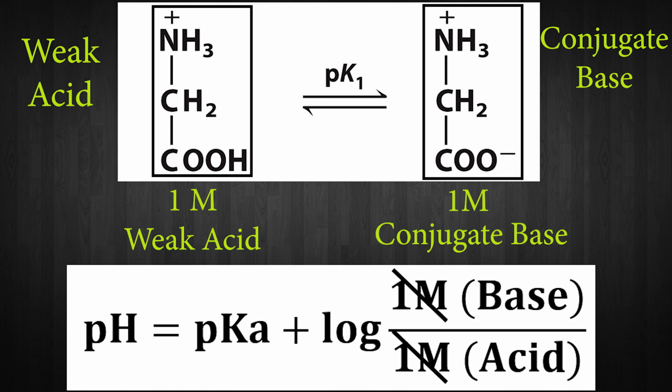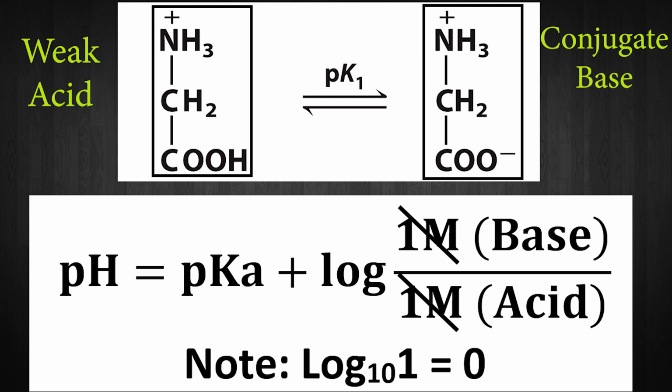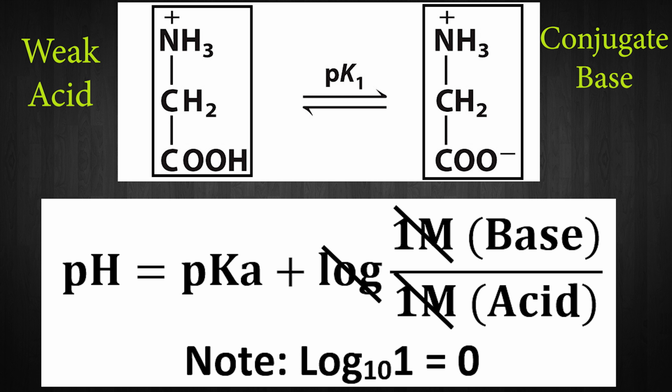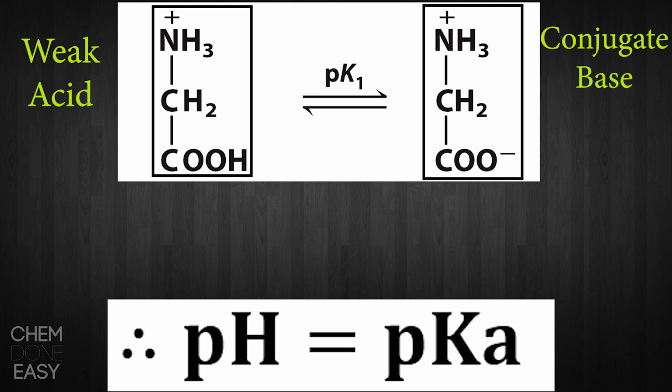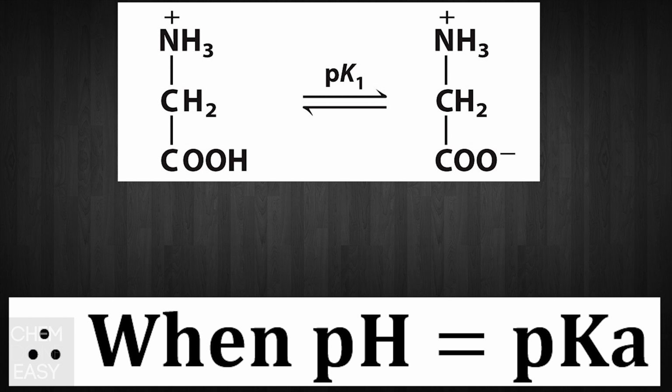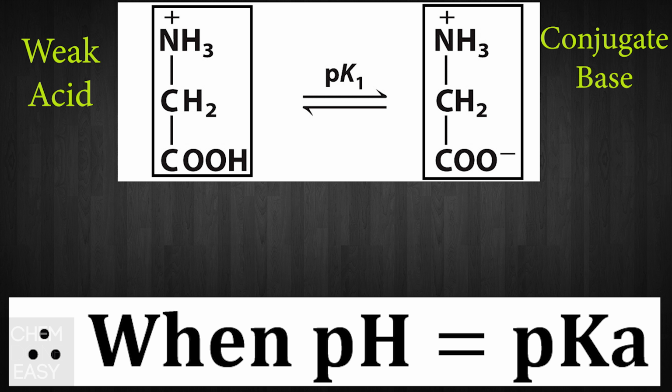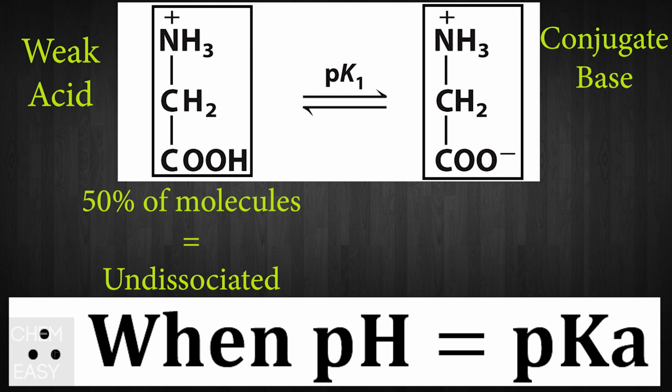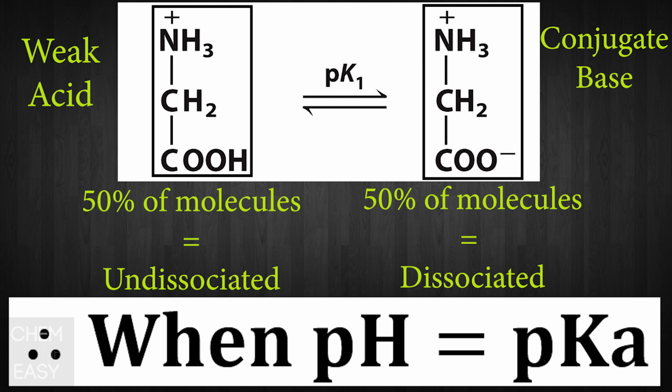Log base 10 of 1 equals 0, so the entire log of base over acid part will cancel itself out, meaning that our equation will turn into pH equals pKa. Therefore, the pKa value will tell us at what pH level we will have a 50-50 split of our weak acid in its undissociated state and its dissociated state.